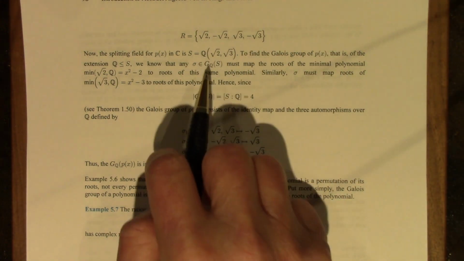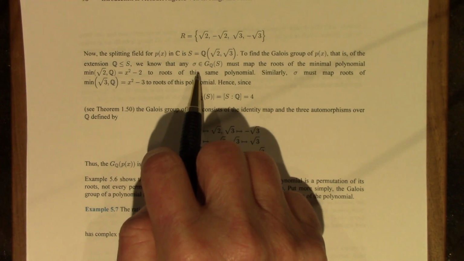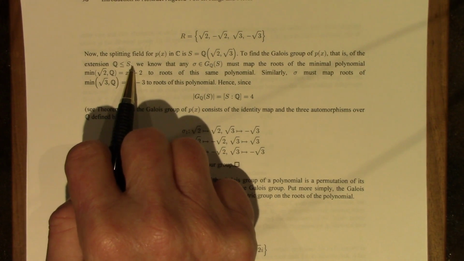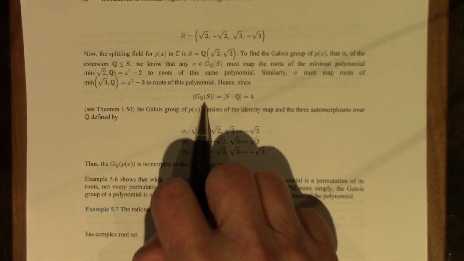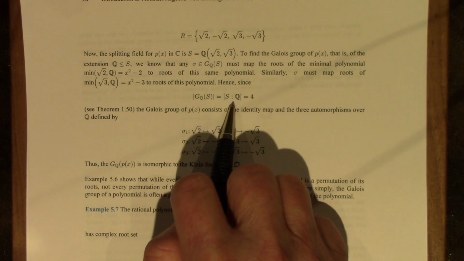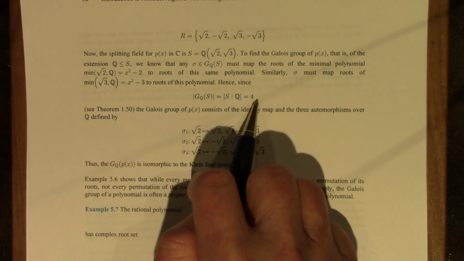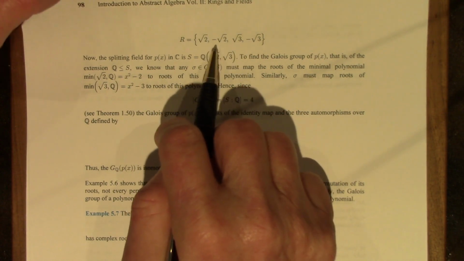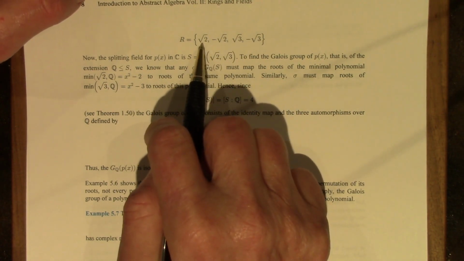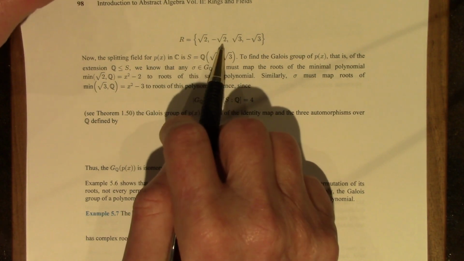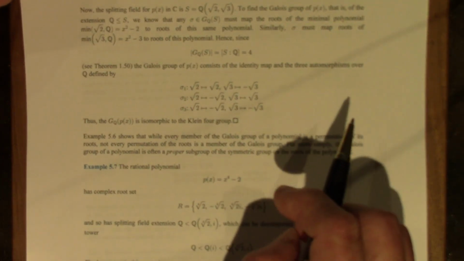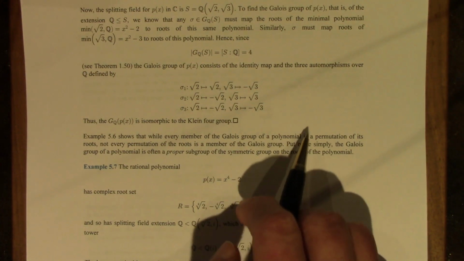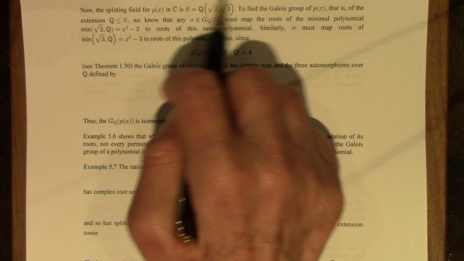Now, because this is a finite Galois extension, the splitting field extension, we know that the size of the Galois group is the degree of the extension, which is 4, which means all of the maps I just discussed, square root of 2 going to itself or to negative square root of 2 and so on, do in fact lead to members of the Galois group. These are just permutations within this set.